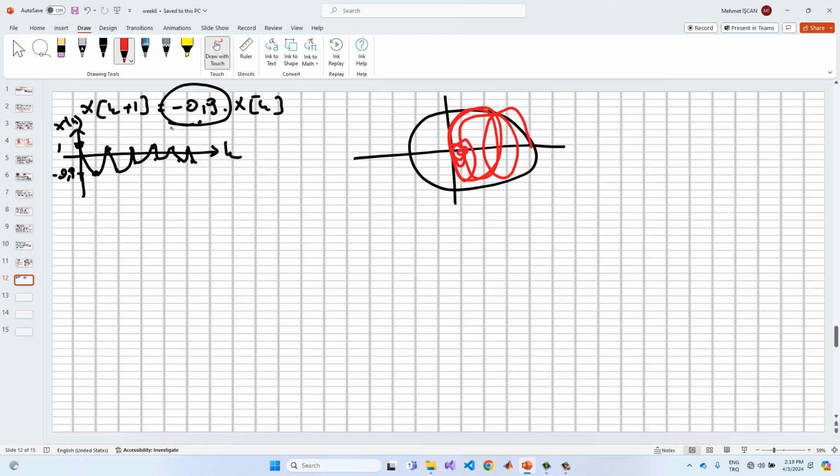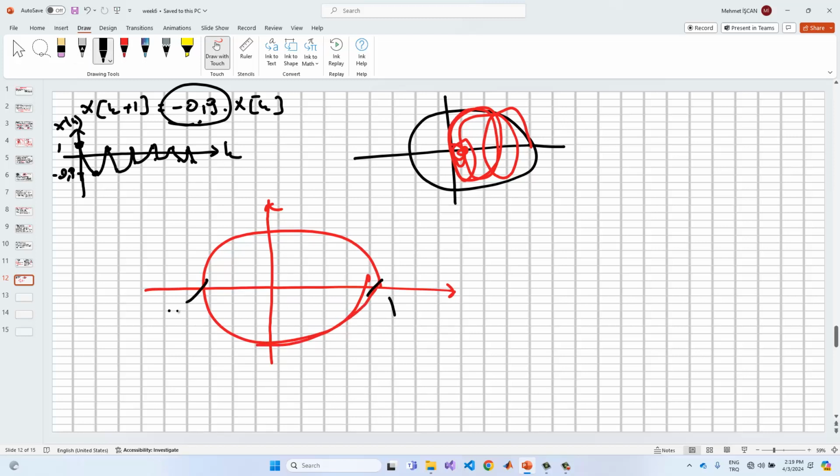And so the stable region at the z domain can be described with 1, minus 1, 1, minus 1, right? And so we have the stable region in here, just like this one.